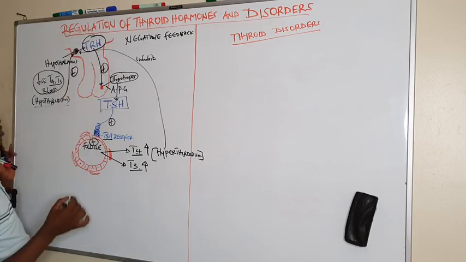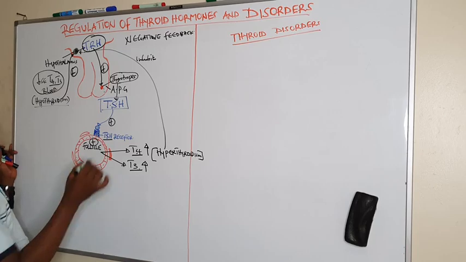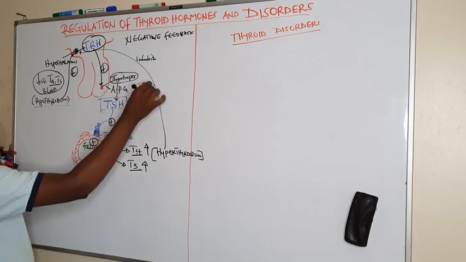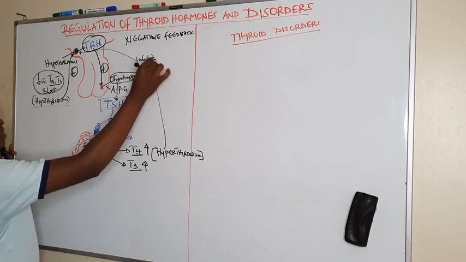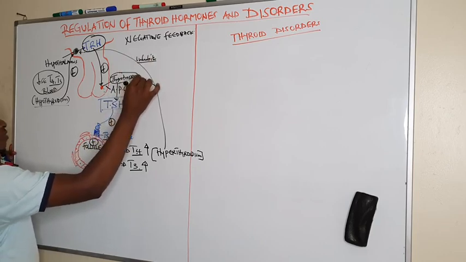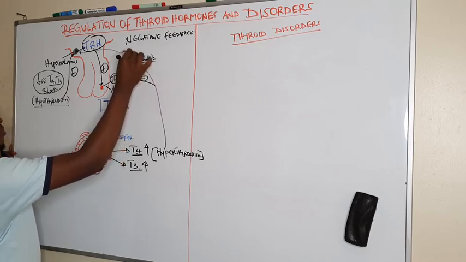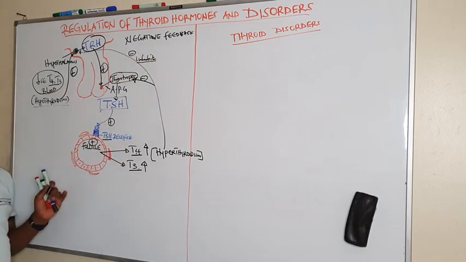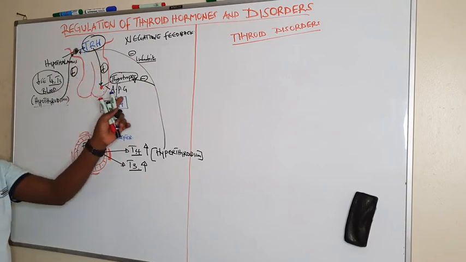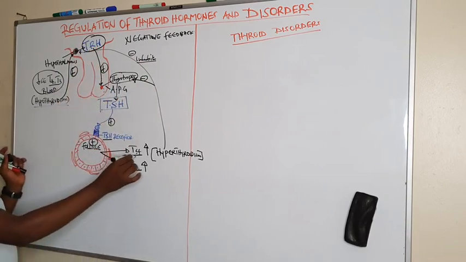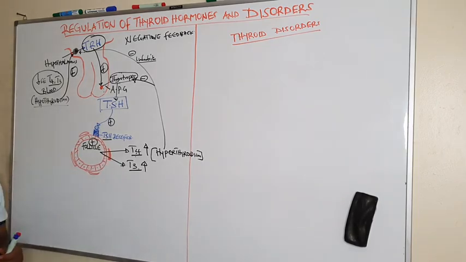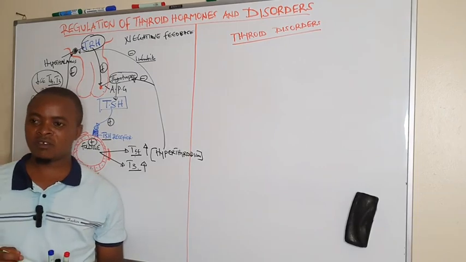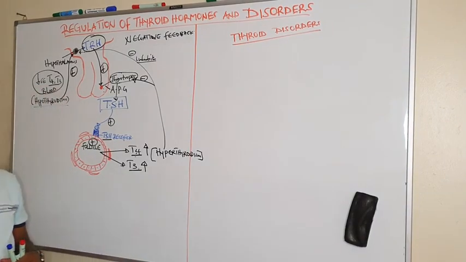So it inhibits the hypothalamus, and at the same time inhibits the thyrotropes, to stop producing TRH and TSH. Hence, T3 and T4 will go back to normal. So this is what we can talk about regarding regulation of T3 and T4.